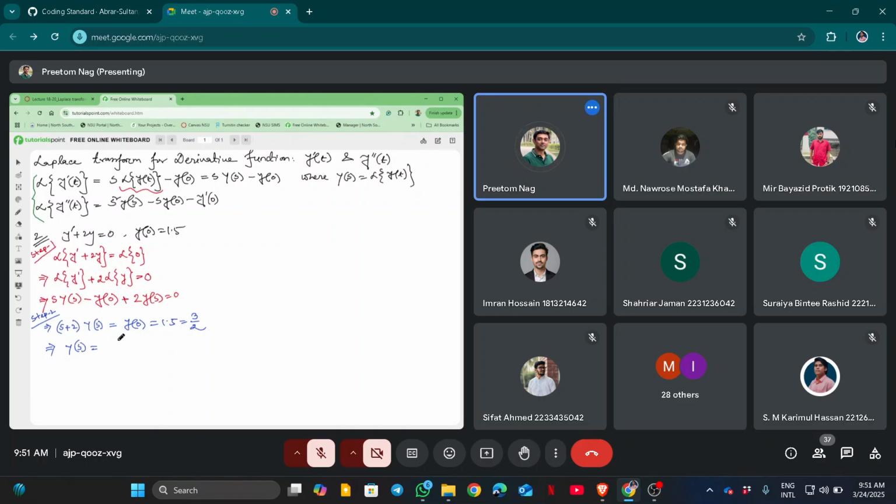Y(s) will be 3 by 2 into 1 by (s plus 2). So Y(s) became the subject. We applied the Laplace transform in step 1, and in step 2 we made Y(s) the subject.